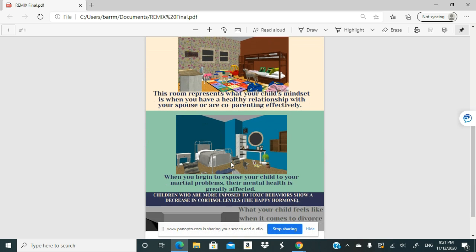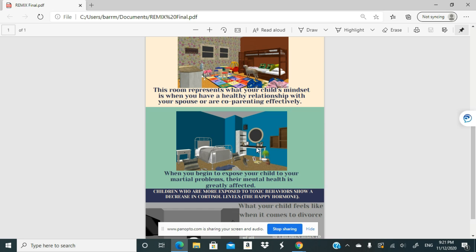And for the second picture, we can see a messy room. Things are out of place, things are on the floor, there's shoes everywhere. And this is what a child's bedroom would look like if the child is beginning to be exposed to marital problems, arguments, abuse, and they begin to develop a few mental health issues such as depression, anxiety, and a lot of others.